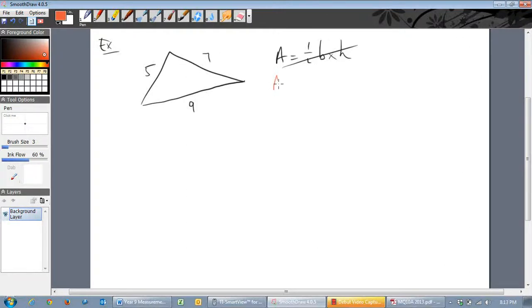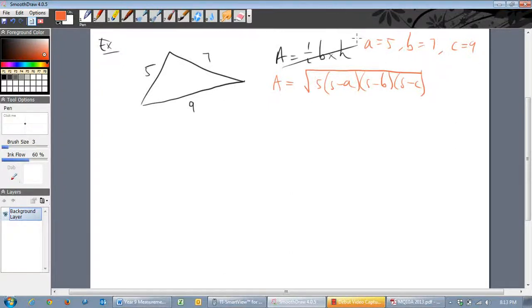So Heron's formula tells us the area is equal to the square root of S times S minus A, S minus B, S minus C. So let's just write down what we know. A is equal to 5, B is equal to 7, C is equal to 9. It doesn't matter which order you do this in, by the way. B could be 5, A could be that, whatever.